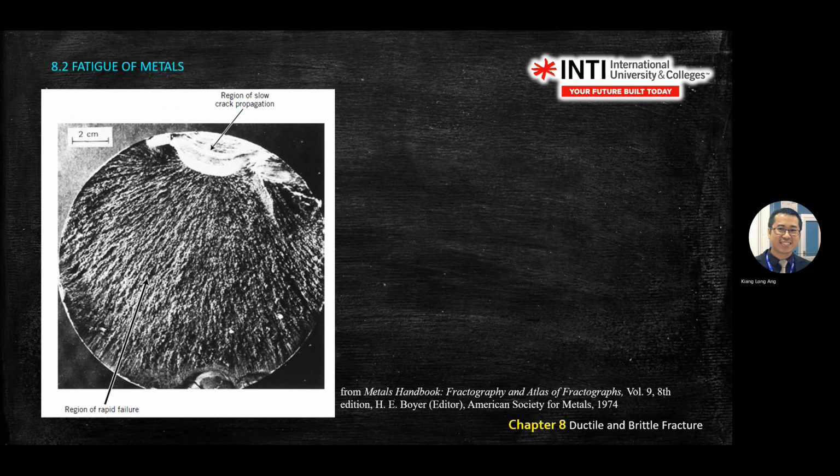Then there's a region of slow crack propagation. If it's slow, you see a shell shape. But if it happens very fast, snap like that, you will see a rough surface.